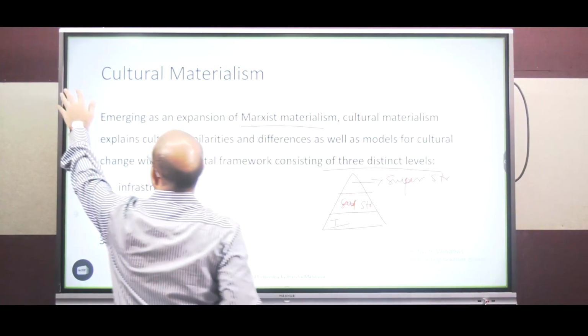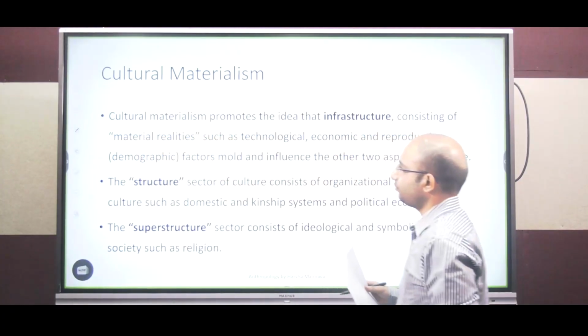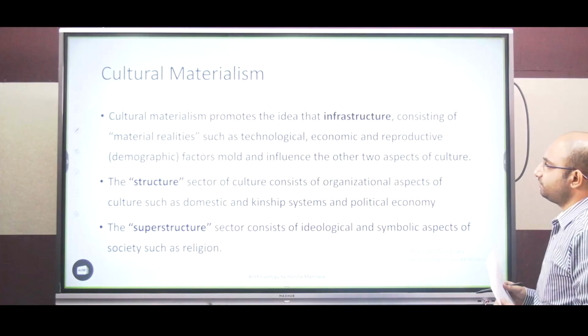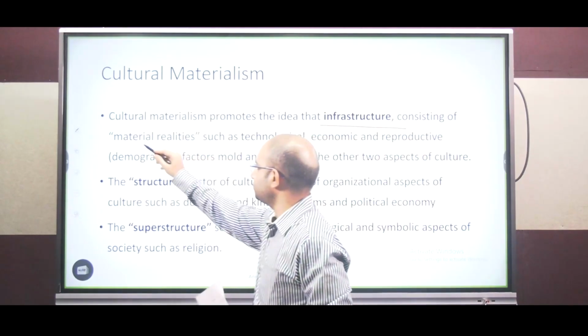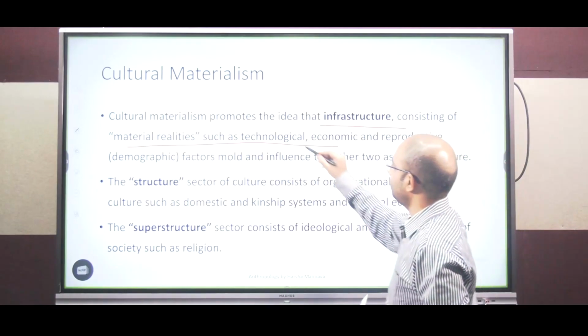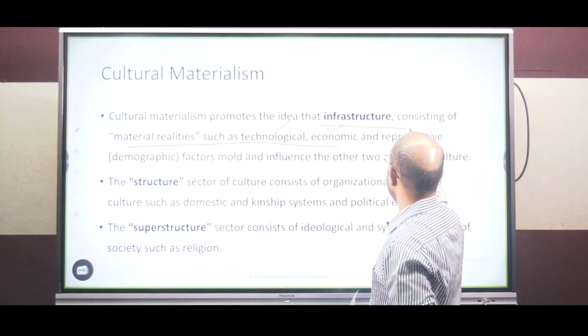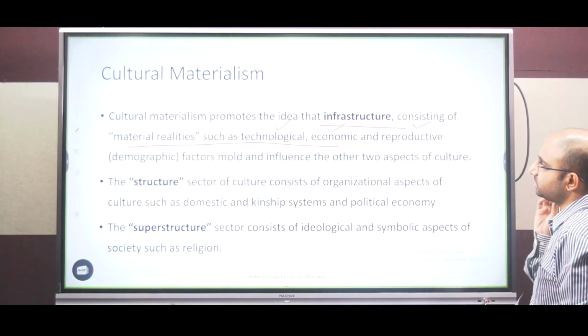And then define what each of them is. What is infrastructure, what is structure, and what is superstructure? Infrastructure consists of material aspects of society, that is technological, economic and demographic or reproductive aspects.